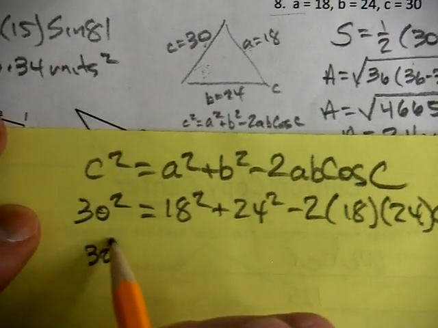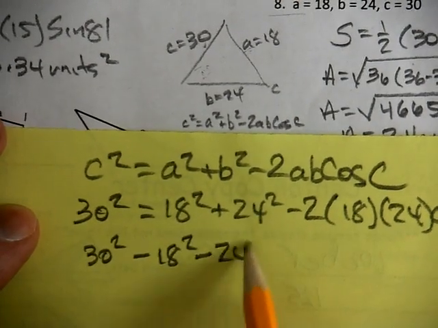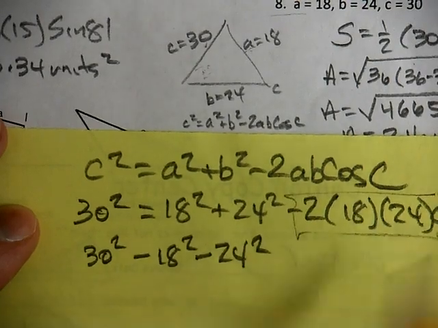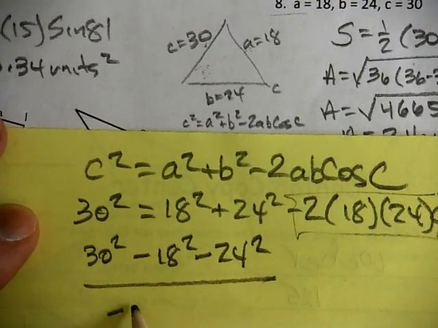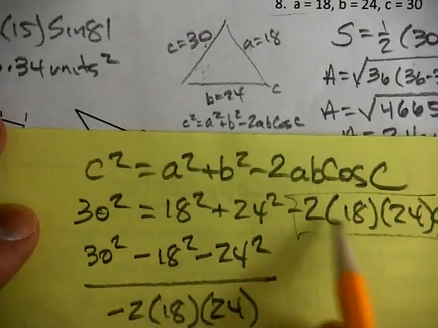Okay, so we're going to take our 30 squared minus our 18 squared minus our 24 squared. And then this whole thing is going to be on the bottom. It's going to be divided. So you can calculate it there.